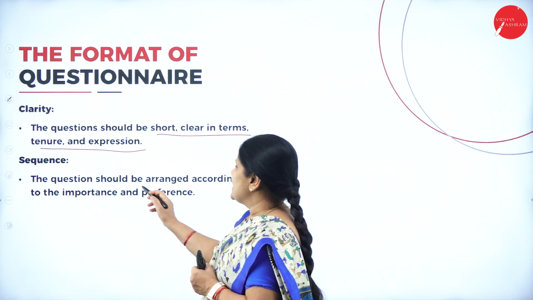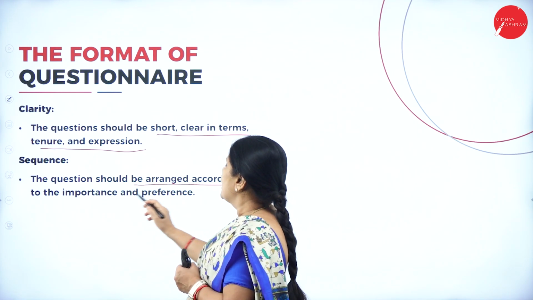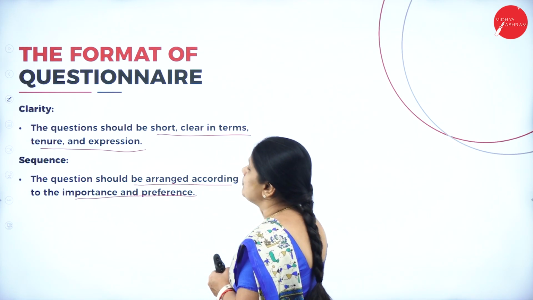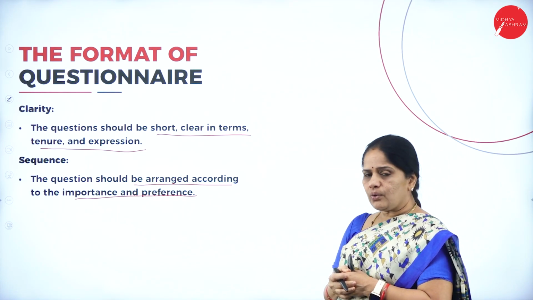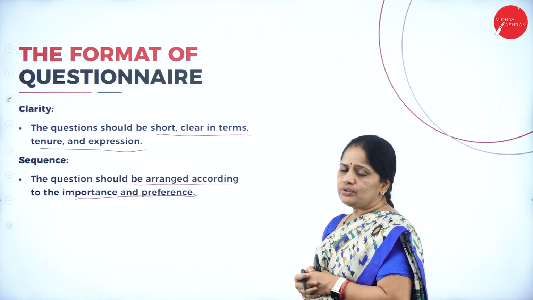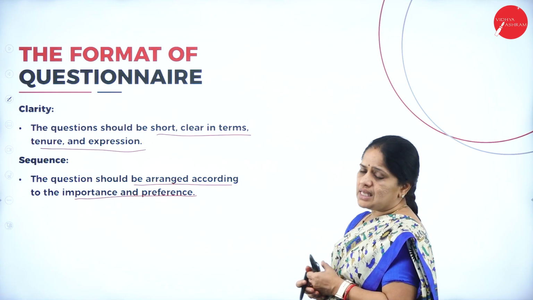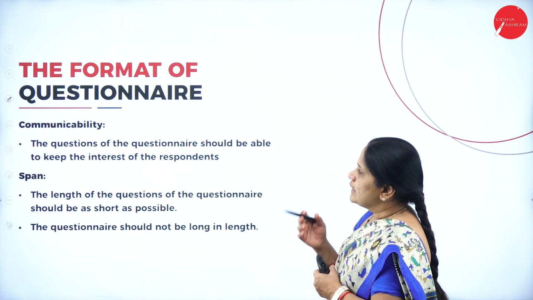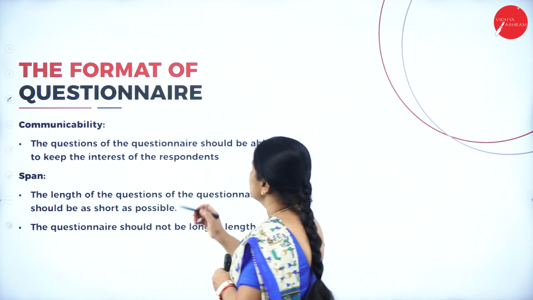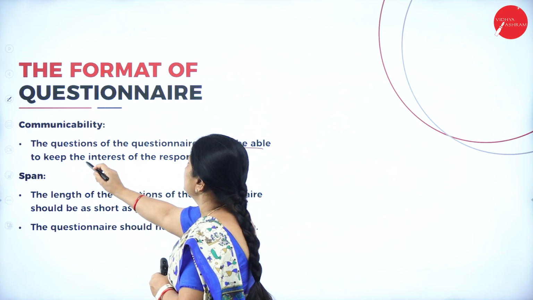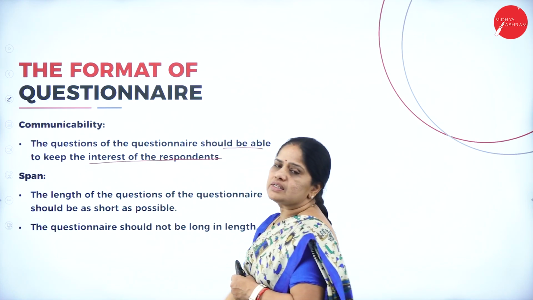Then, sequence. The questions should be arranged according to importance and preference. So, based on the importance and preference, you should arrange the questions in that particular manner. Then, the next one is communicability. The questions of the questionnaire should be able to keep the interest of the respondent.